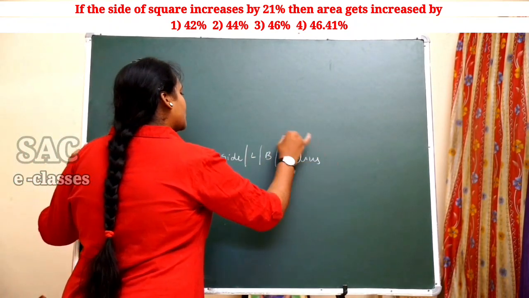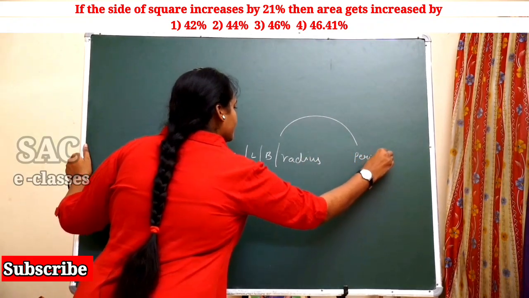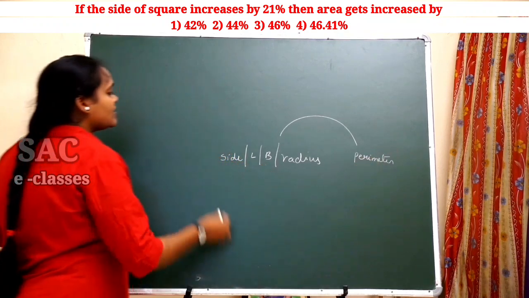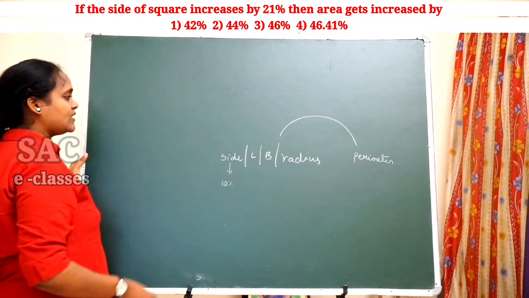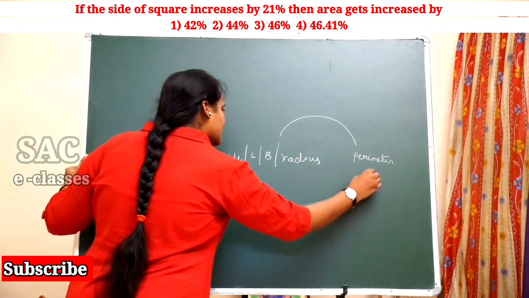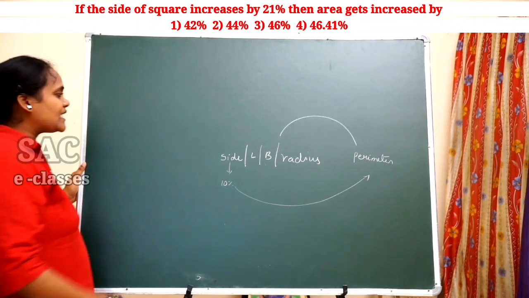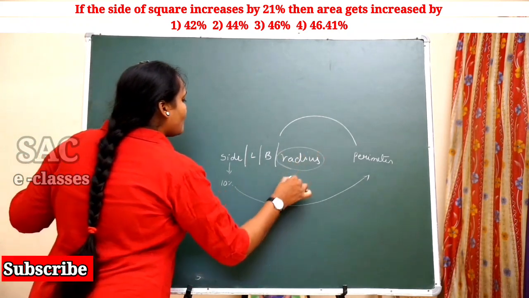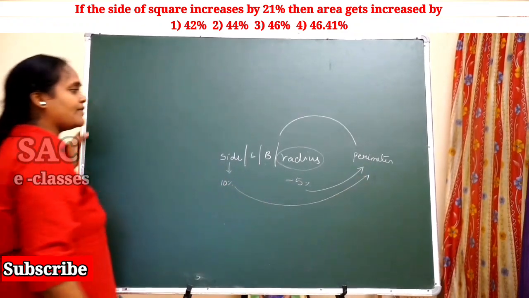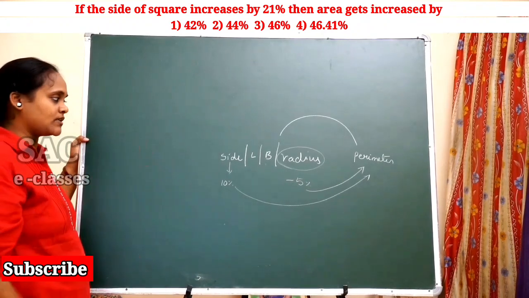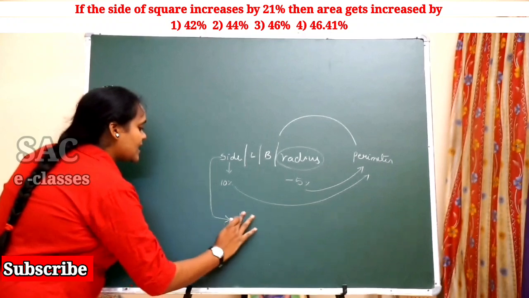The change is the same in the perimeter. What I am trying to say is, if the side of a square is increased by 10%, definitely the perimeter also increases by 10%. If the radius of any circle decreases by 5%, definitely the perimeter also will decrease by the same 5%. The change only varies in its area.